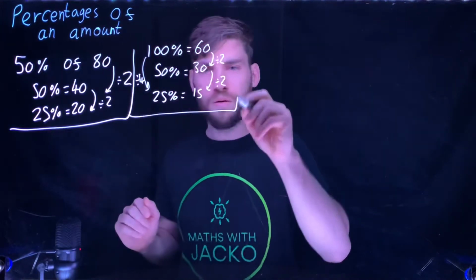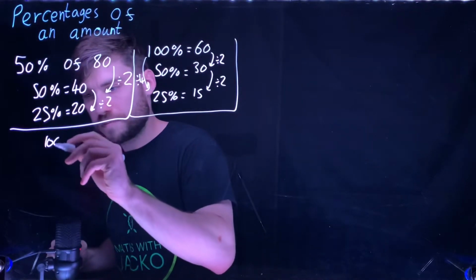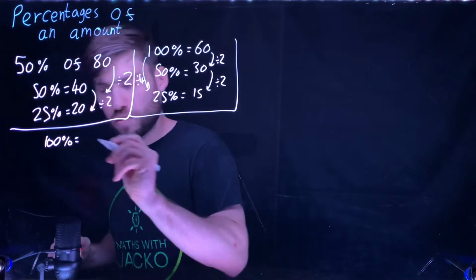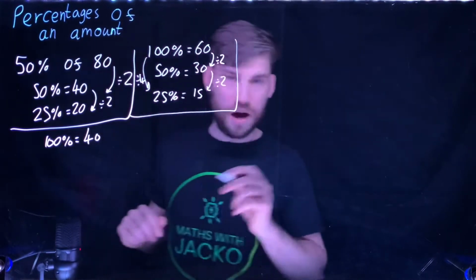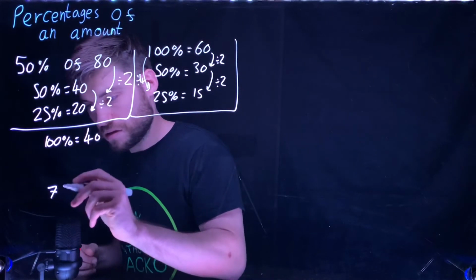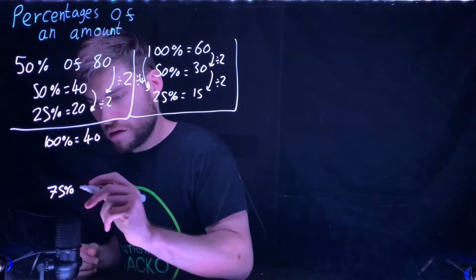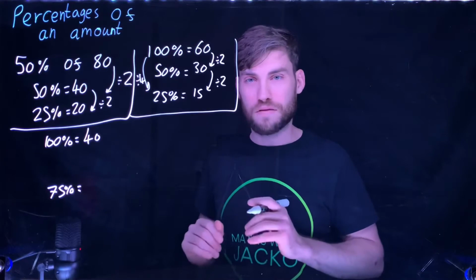Right, now, I want you to have a go at this one. So 100% equals, let's go, 440. What I want to know is what 75% is. Okay, let's see those of you that can do 75%. So pause it, have a go.